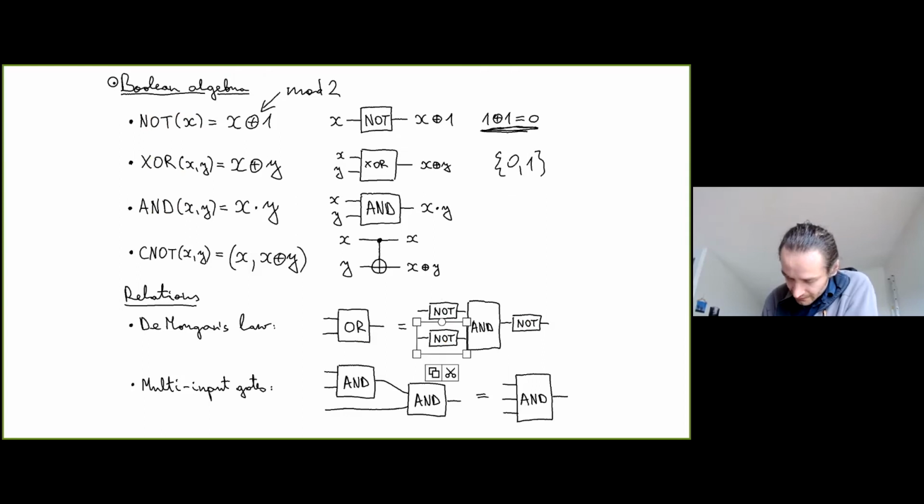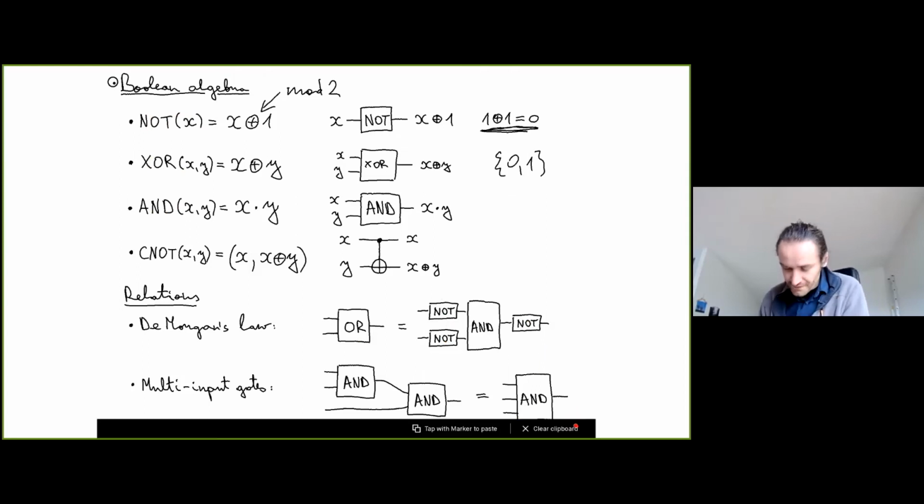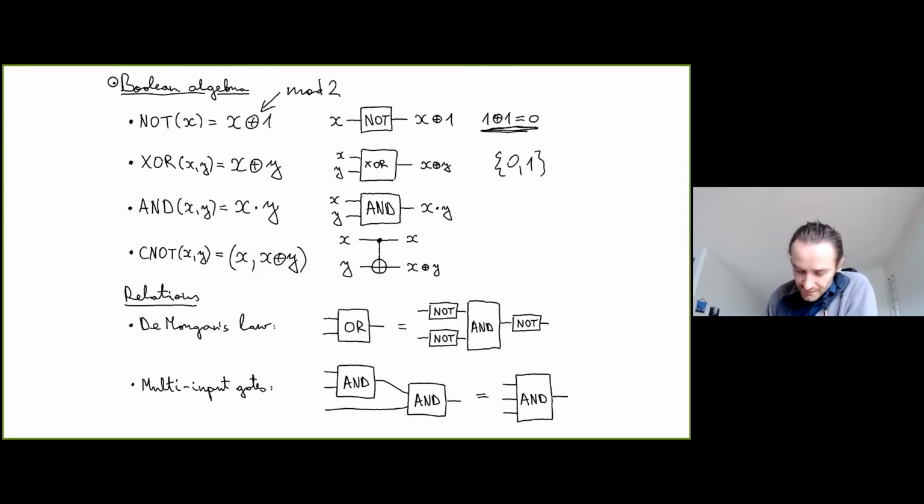By negating the input and then again the output, this AND gets converted to OR, and this is what's called in logic De Morgan's law. And similarly, if you put these NOTs on the other side, you can obtain AND from OR by putting these NOTs all over the place.